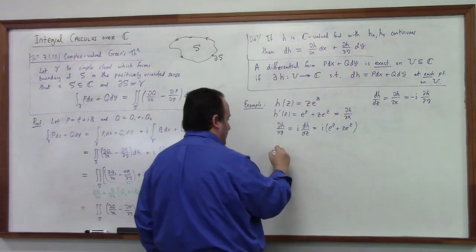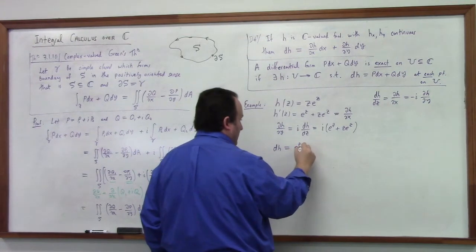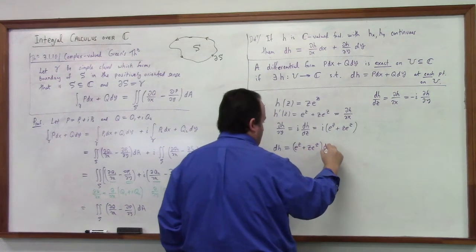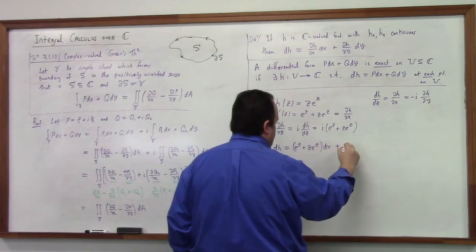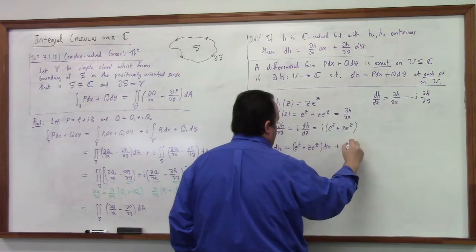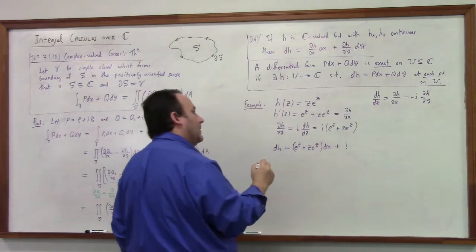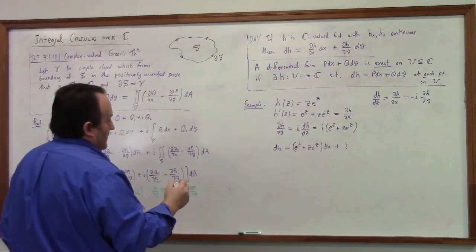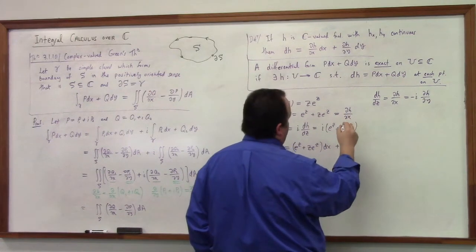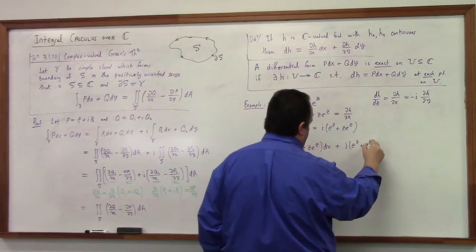So anyway, what do we got? We got dh is e to the z plus z e to the z dx plus what? i times partial h partial y, which is what? Well, partial h partial y is i e to the z plus z e to the z.